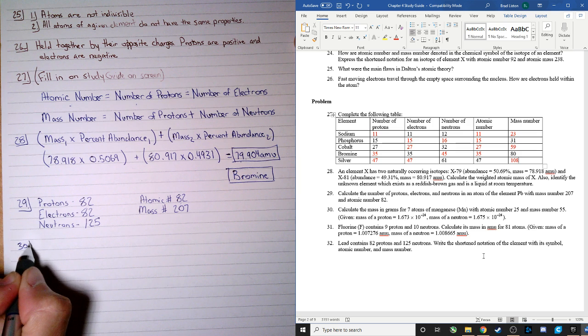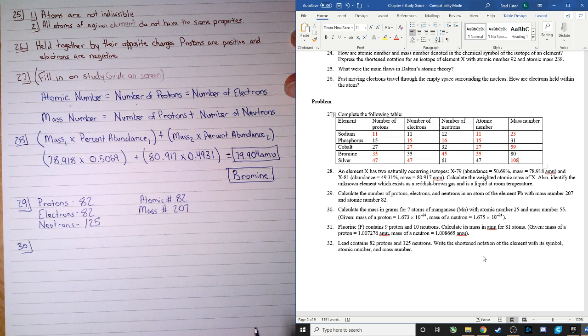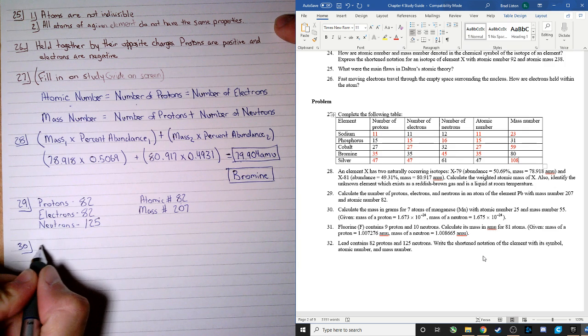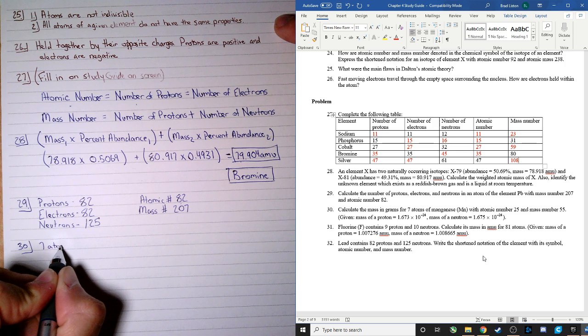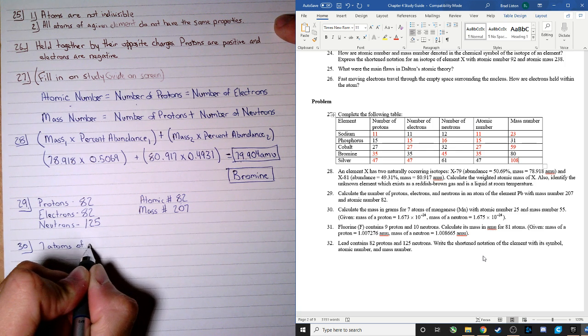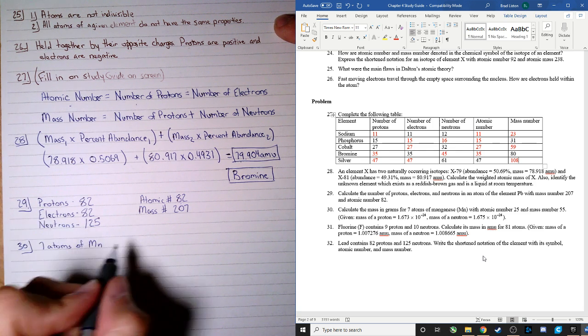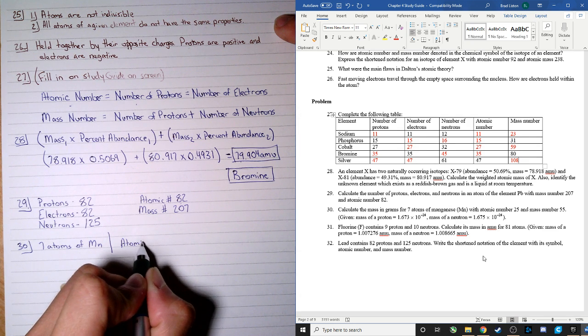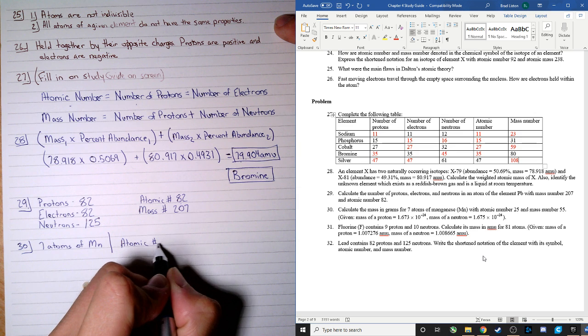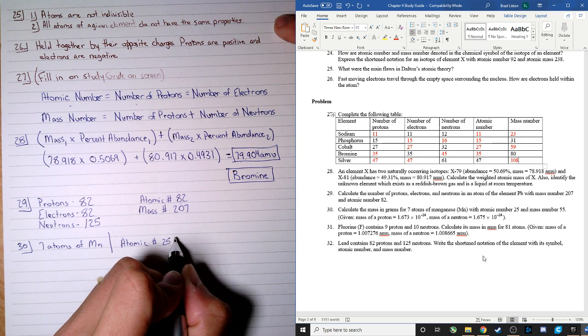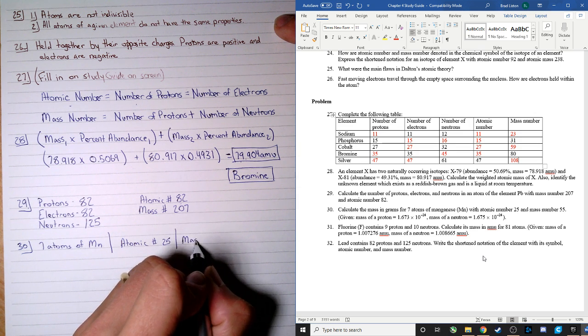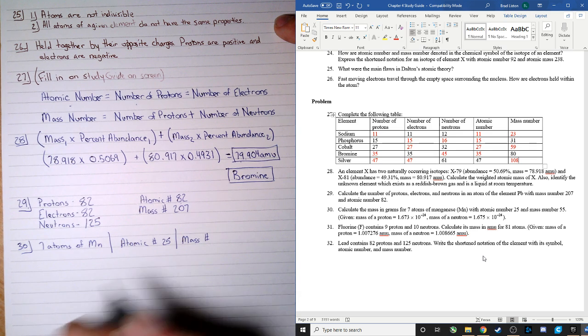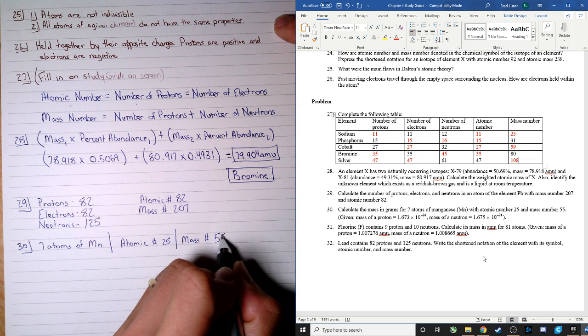Number 30. This is some math. So we're given 7 atoms of Mn, atomic number of 25, mass number 55.